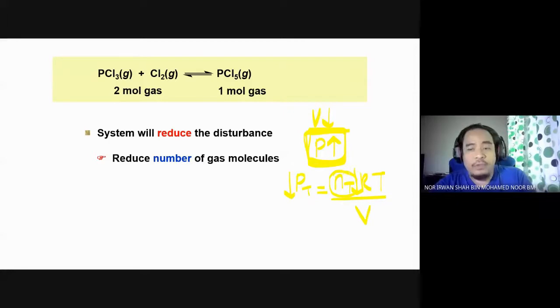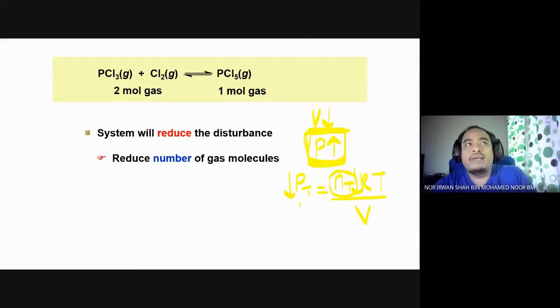Why? Because when the total moles decrease, the total pressure automatically decreases. So the system needs to produce fewer moles of gases.